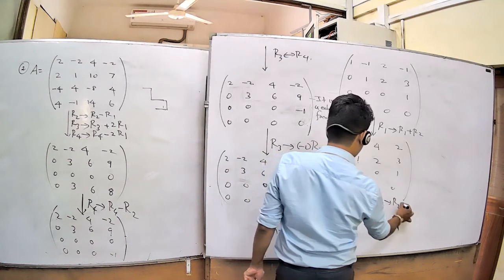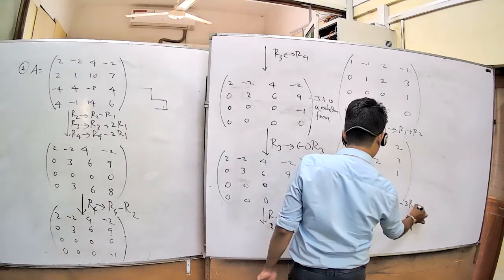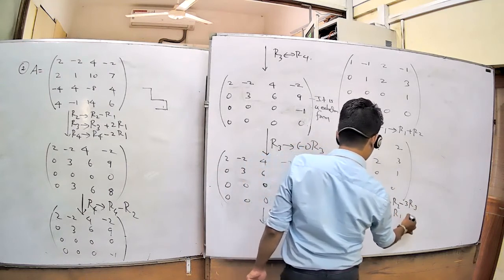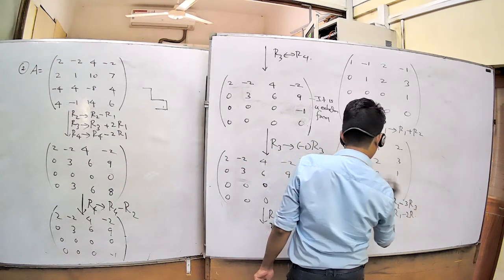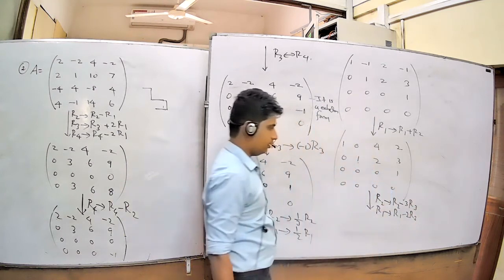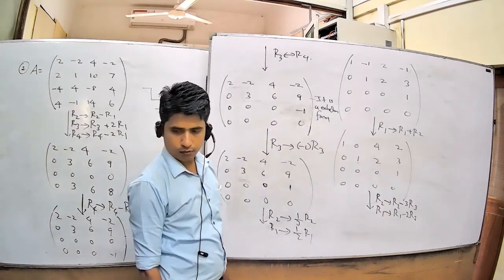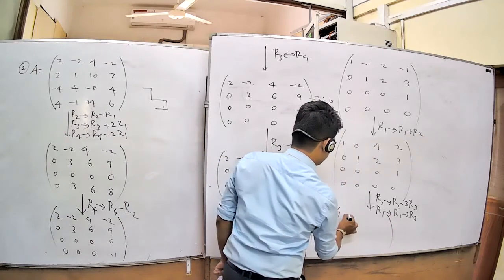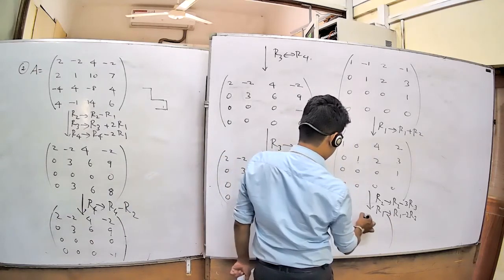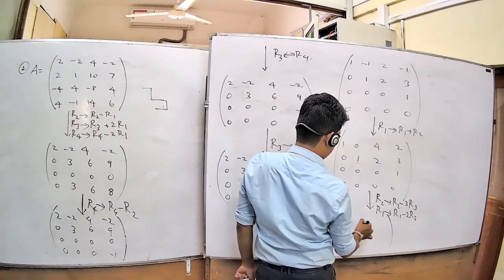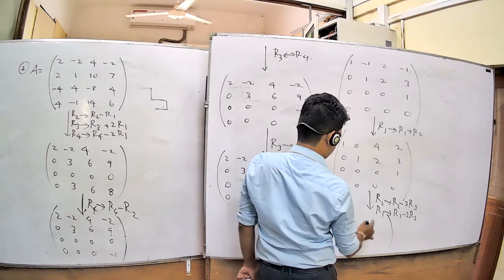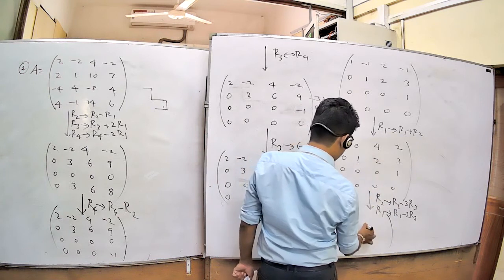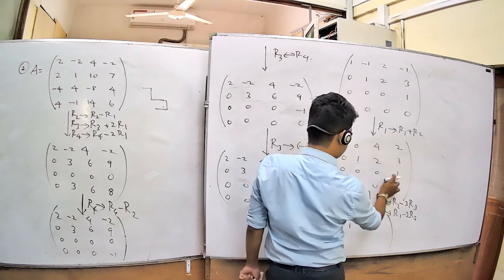R2 replaced by R2 minus 3R3 and R1 replaced by R1 minus 2R3. You do these two operations, right? You can get the row reduced equivalent form matrix. 1, 0, okay, R2 replaced by, okay, first here 0, 1, okay, here 0, they have no problem, 2, okay, here 1 minus 3 plus 3, 0.